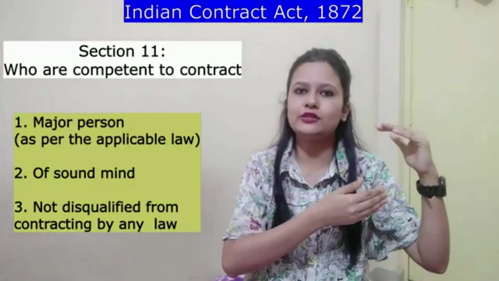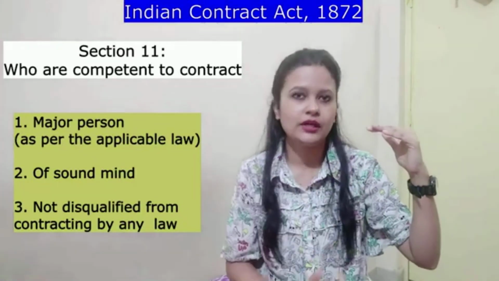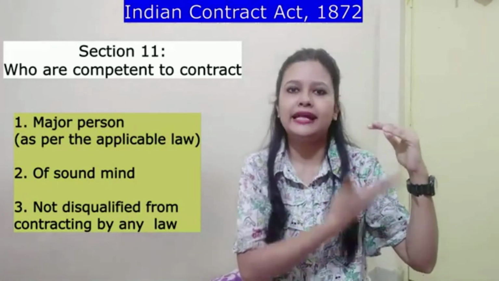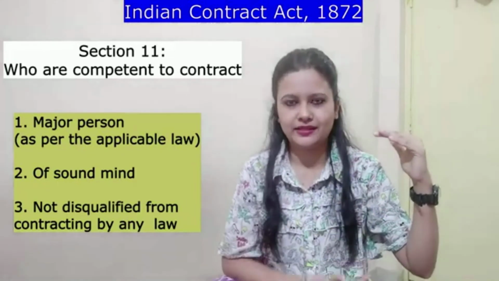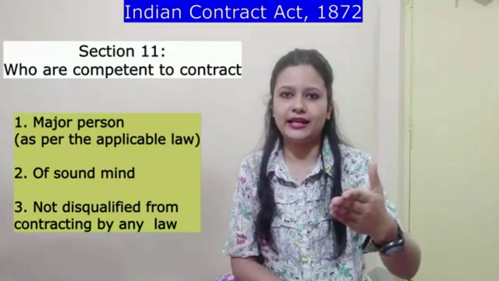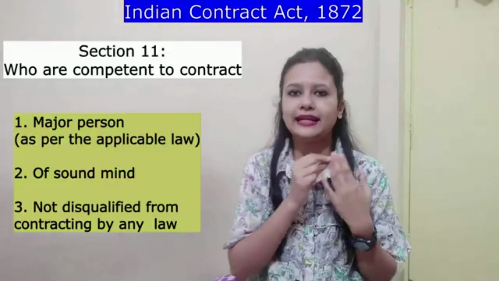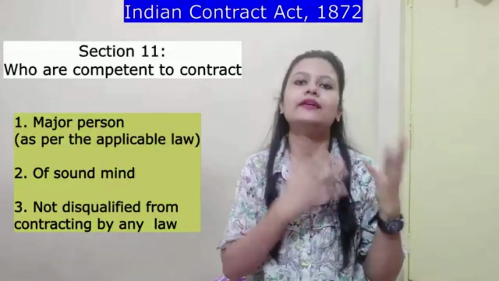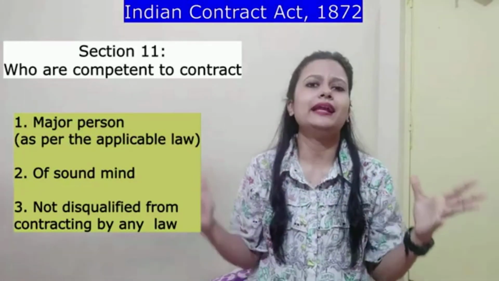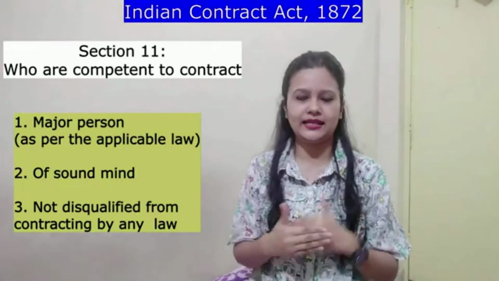If I enter into such kind of a contract, it will be going against the law because my license is being cancelled for that particular period. How can I make a contract with regard to the same with someone else? So that is what is meant by not entitled to enter into a contract under any other law. It may mean any order passed by a different body, department, or many other things.